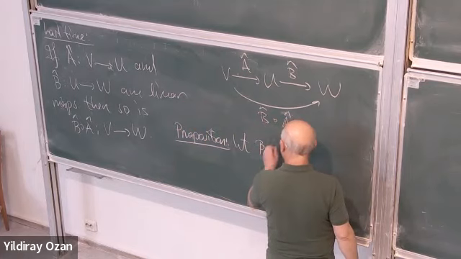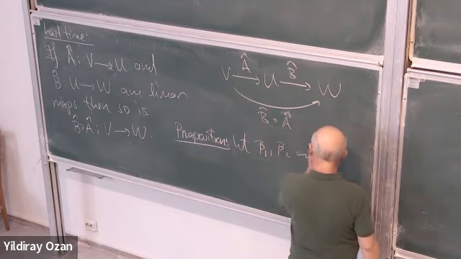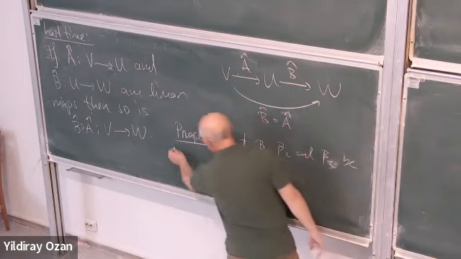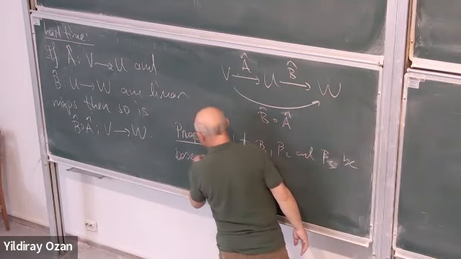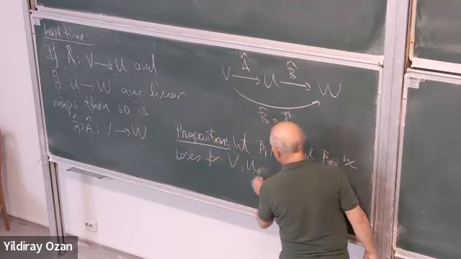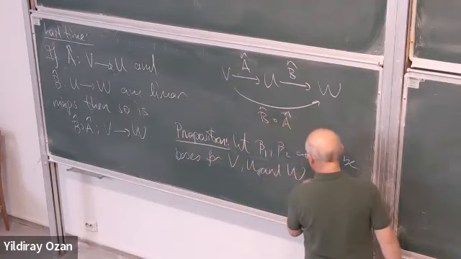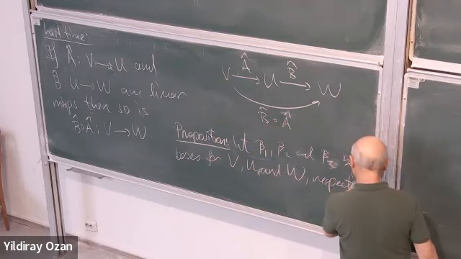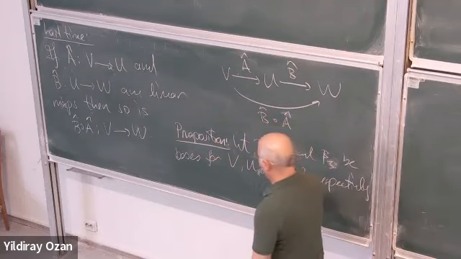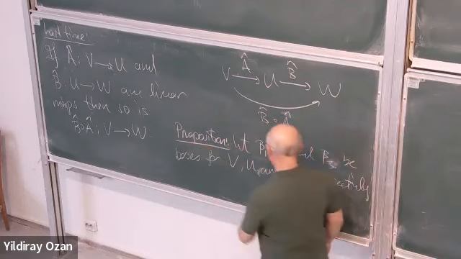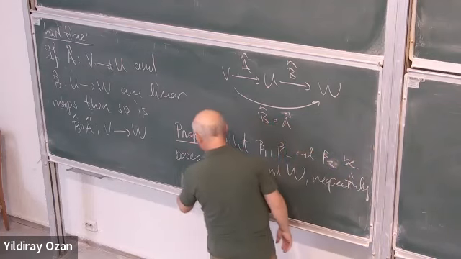Let beta 1, beta 2, and beta 3 be bases for U, V, and W respectively. We assume that all the vector spaces are finite dimensional.